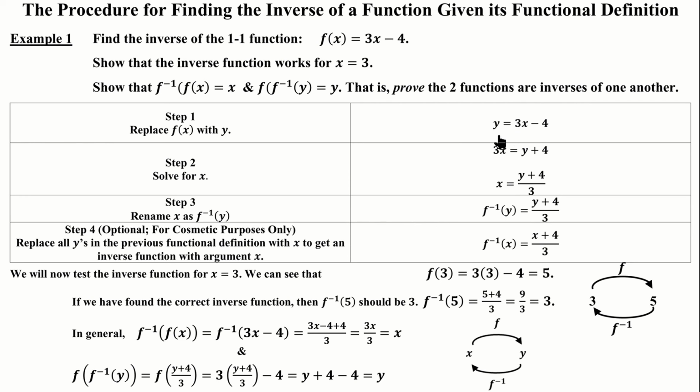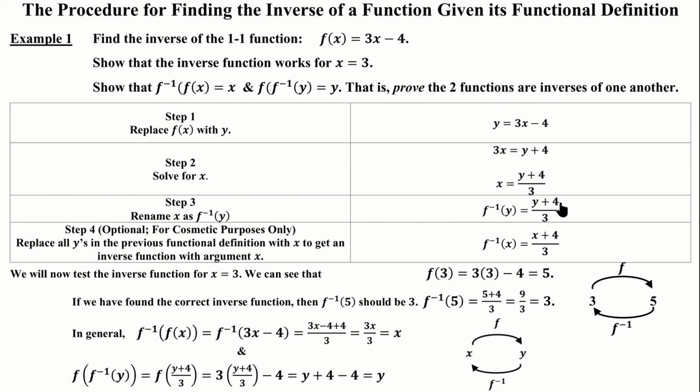Otherwise, it's the same thing. Whether you say y plus 4 equals 3x or 3x equals y plus 4, they're the same thing. And now we're going to solve this for x. So we get x equals (y plus 4) over 3. For all practical purposes, you're done. You have found the way back. So all you do at this point is call that f inverse of y.